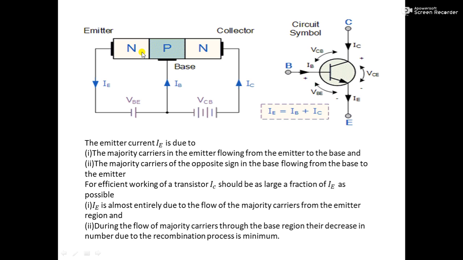The loss of the total number of electrons in the emitter is made up by the flow of an equal number of electrons from the negative terminal of the battery into the emitter.